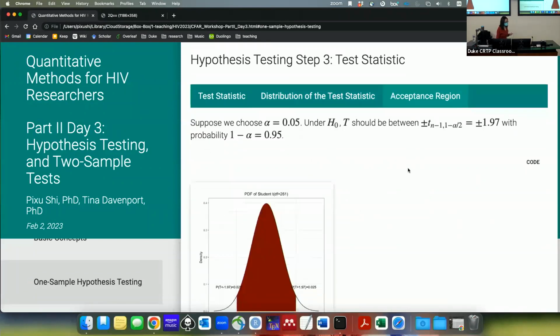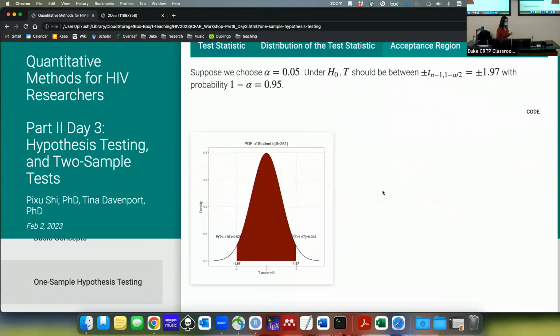When you have the value of the test statistic, for example the t-test here, you compare it to the distribution of how this value should be distributed if you keep resampling and your population is under the null hypothesis.